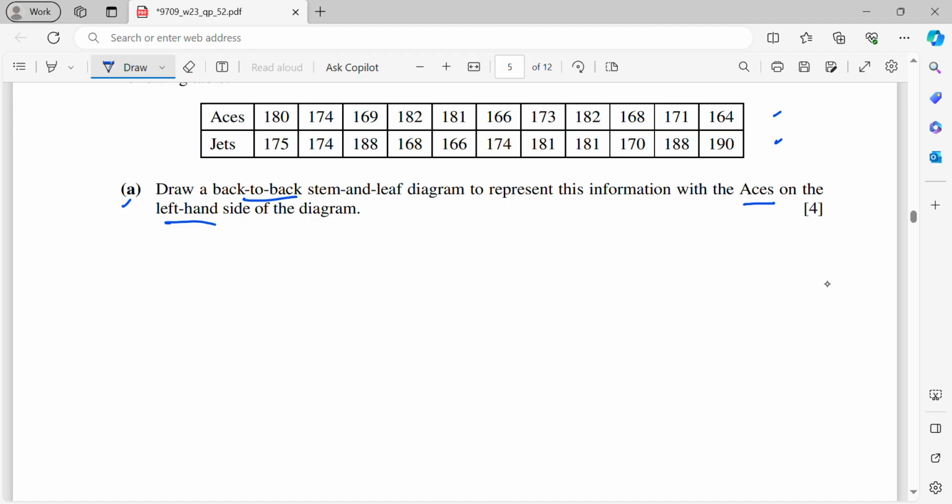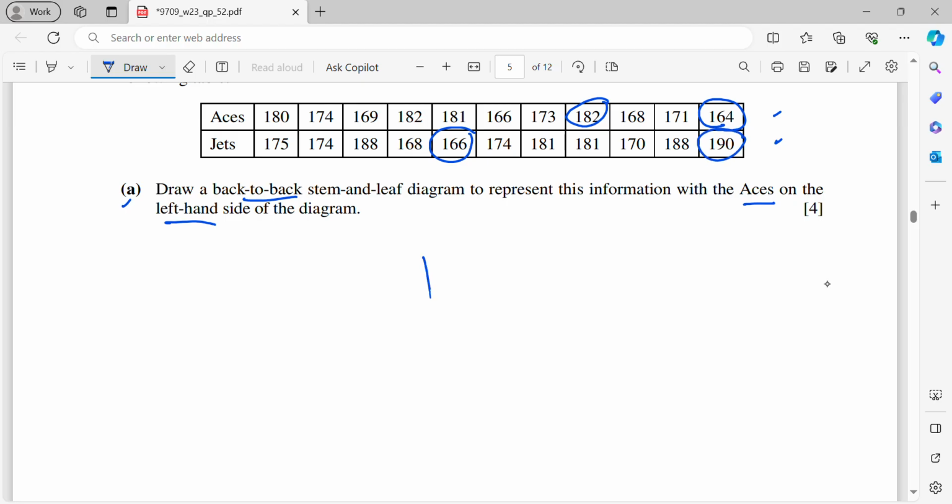Okay, so now they are not all arranged in order, so just have a quick inspection. The smallest value for Aces will be 164. Then the highest value for Aces will be 182. Right, and then the smallest value for Jets will be 166, and the highest value is 190.